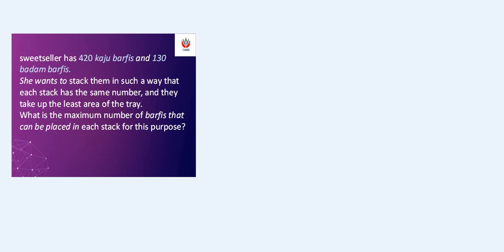This is the last example in this exercise, before 1.1. A sweet seller has 420 kaju burfis and 130 badam burfis. We have 2 types of burfis here. One is kaju, I am writing it as KB, kaju burfis, which is 420.